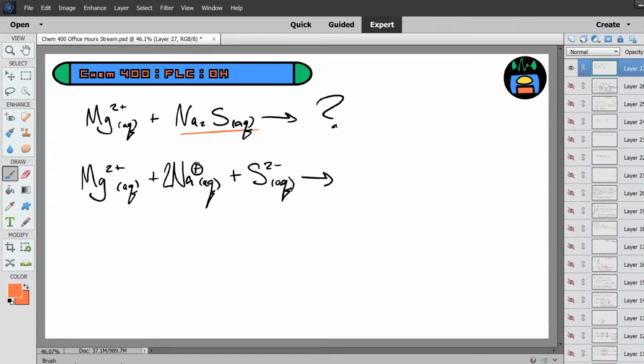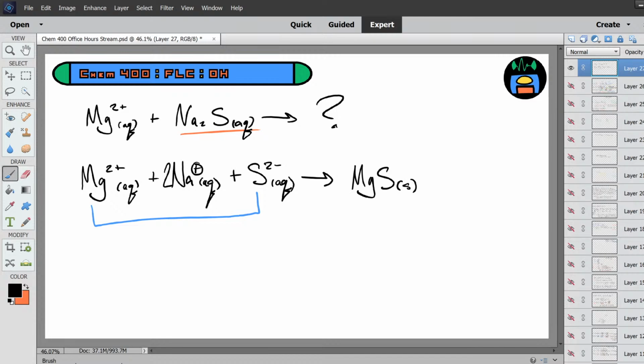And we know that when you combine magnesium with sulfide, sulfide is usually insoluble. It's soluble when you mix them with calcium, strontium, or barium. Magnesium's not on that list. So this will make a solid precipitate, which is solid magnesium sulfide.